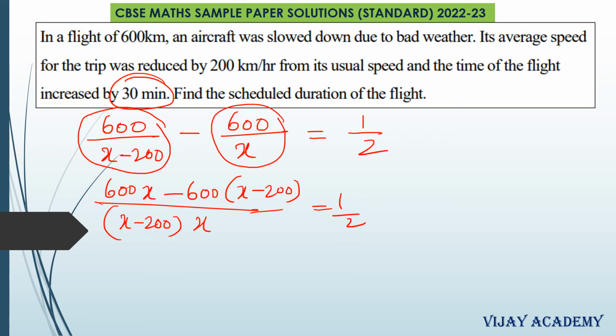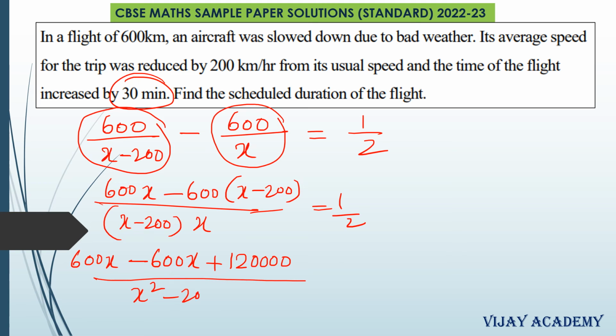We can simplify this. 600x will be written the same, then multiply minus 600 with both x and minus 200. We get minus 600x plus 600 into 200, that is plus 120000, divided by x square minus 200x equals 1 by 2. Now 600x and minus 600x become 0.